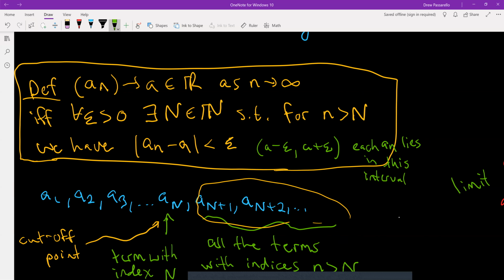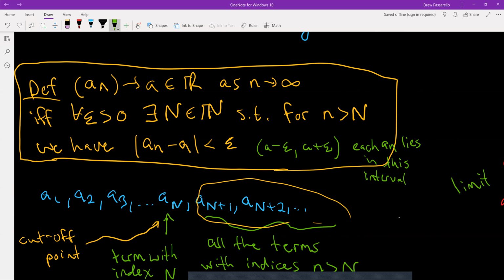A sequence a_n converges to some number a as n goes to infinity if and only if for all epsilon greater than 0, I can find a capital N in the natural numbers so that for all little n bigger than capital N, we have that the distance from a_n to a is less than epsilon.